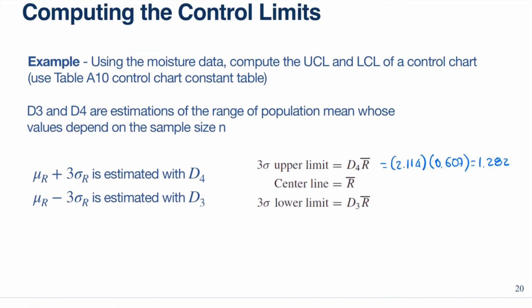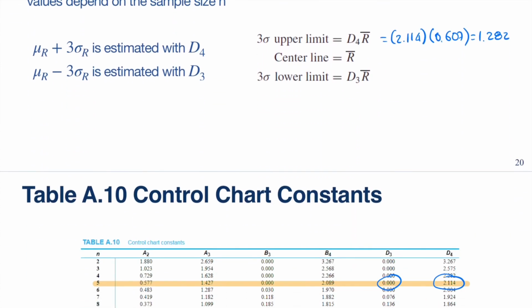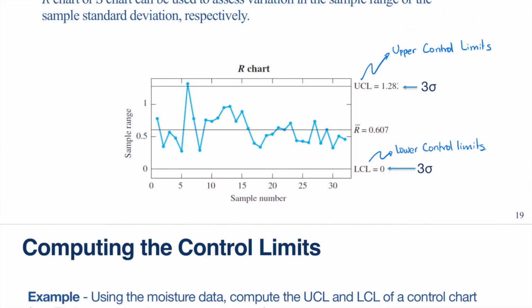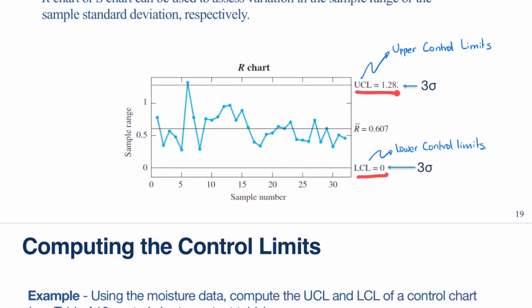Now the lower limit: the value of the constant D3 is 0, so it's equal to 0 multiplied by R bar, which is 0.607, but 0 multiplied by anything is 0. So the lower limit is 0 and the upper limit is 1.282. Those are the values in this chart.